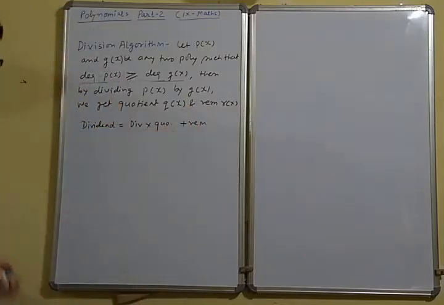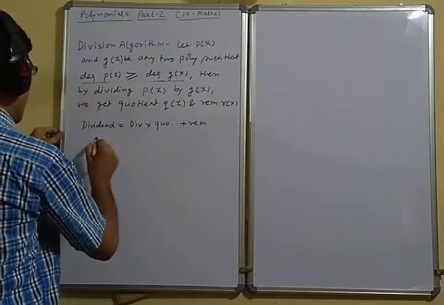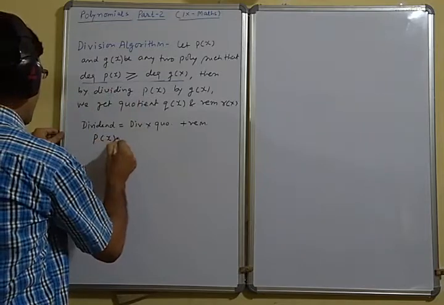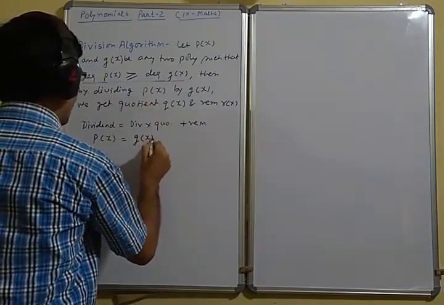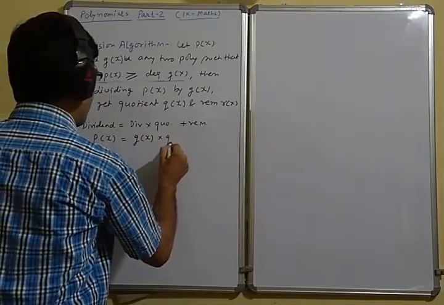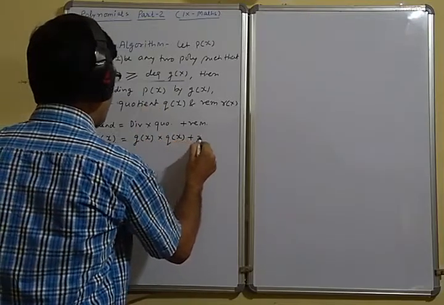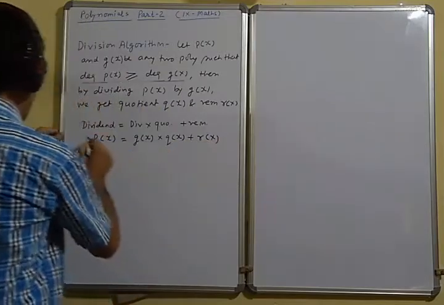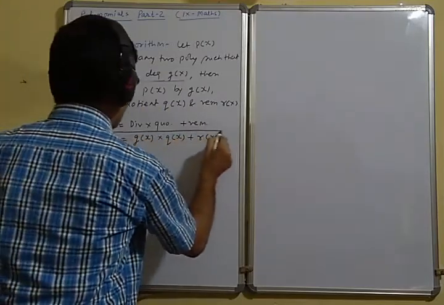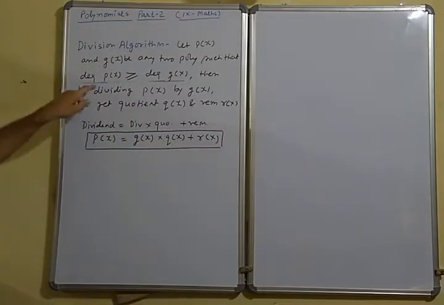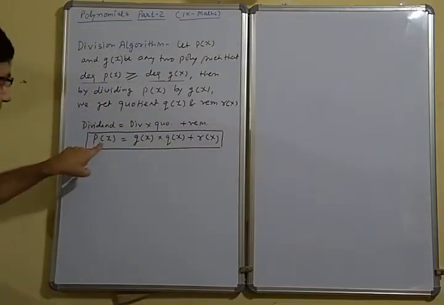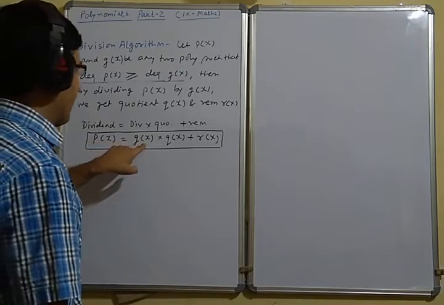So in that case, p(x) is equal to g(x) multiplied by q(x) plus r(x). This is the division algorithm. The first condition is that the degree of p(x) must be greater than or equal to the degree of g(x).